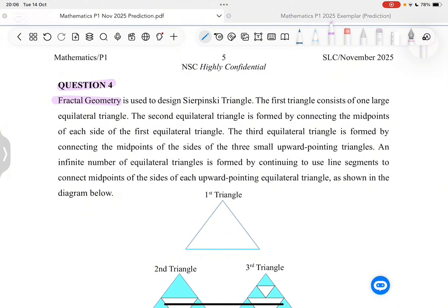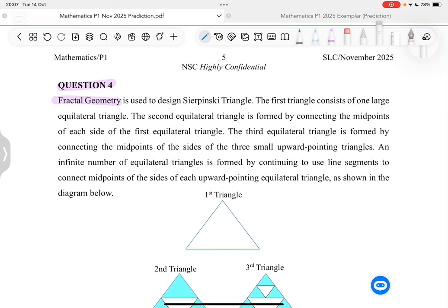That means that if you zoom or magnify those diagrams at different levels, you see the same patterns. There's some form of self-similarity. And we usually say that a small part looks like the whole. If you deal with such geometric figures, they fall under a branch of mathematics called fractal geometry.